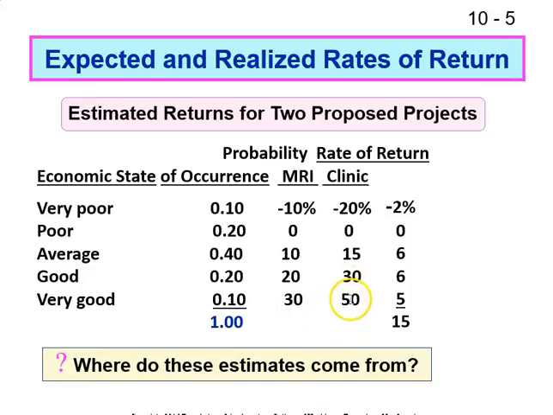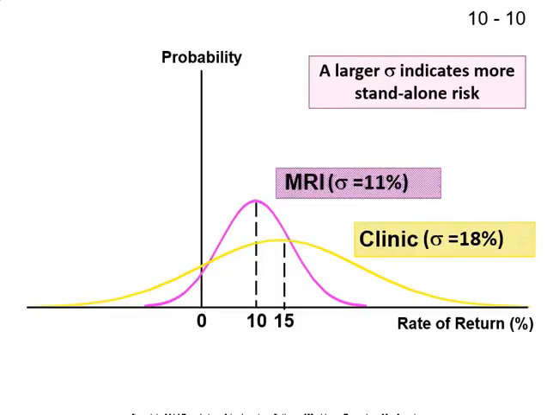So I would probably go clinic. I'd probably maybe risk my job a little bit, versus going with the MRI machine. Again, the MRI is going to have the tighter returns, considered a little bit less risky, if you will, because those returns will be tighter around the expected returns.